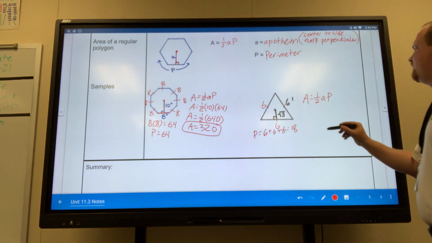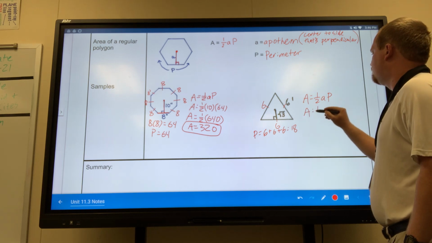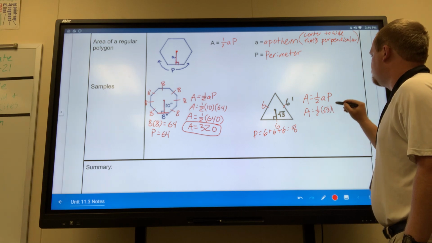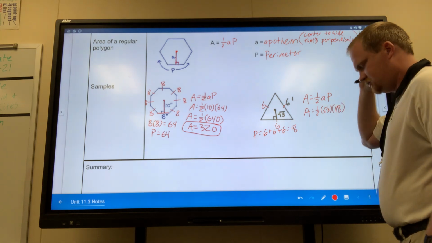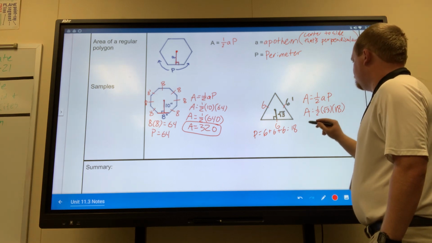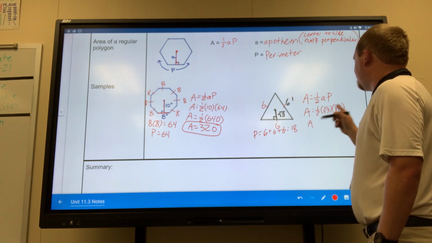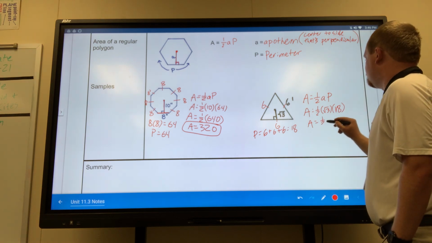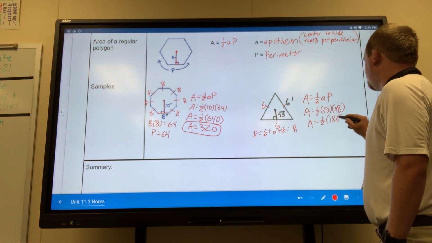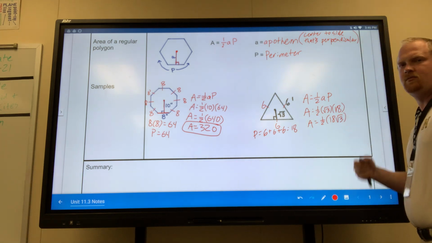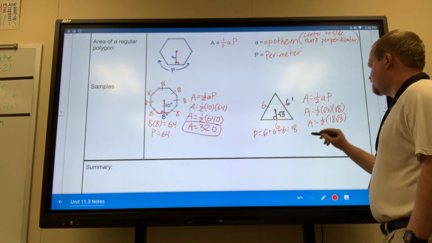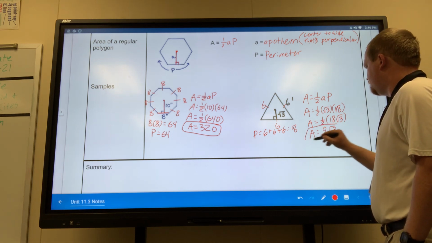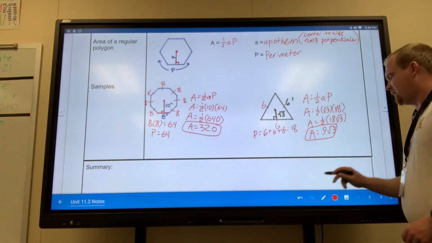So my perimeter is 18, my apothem is square root of 3. So I multiply those out. So really, I can just go ahead and divide. Let me do it this way. 18 times the square root of 3, I can just leave it like that. Divide the 18 by 2, and I get 9 square root of 3. And that's going to give me my area.